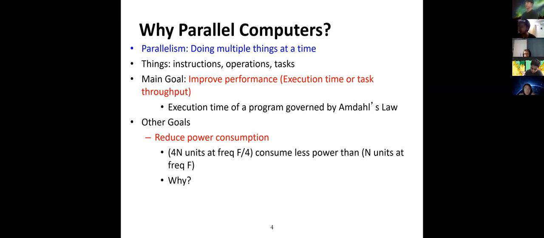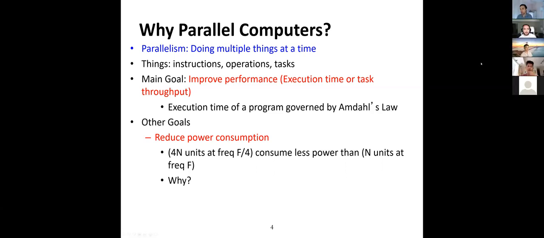So any ideas, anyone with an engineering background, let's put it this way, why does this happen? Why, if we reduce the size of the compute units and increase the frequency proportionally, do we consume less power? May I answer?